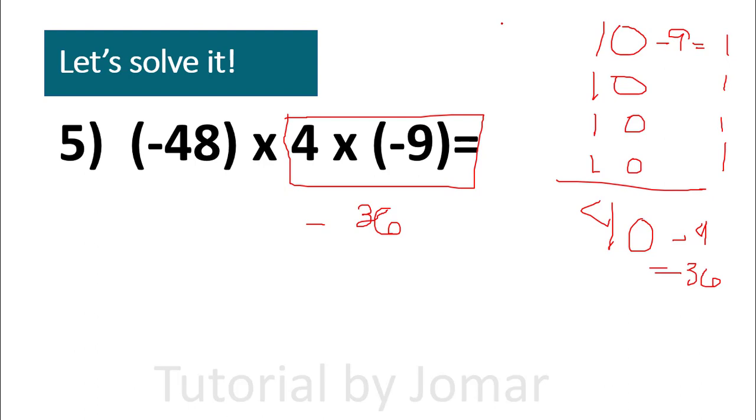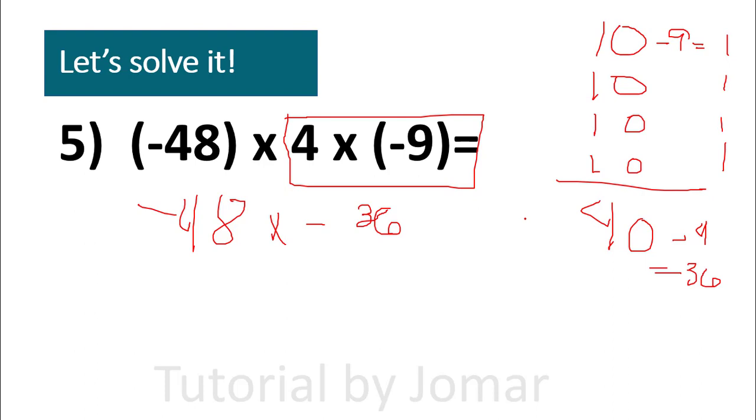Okay, nakuha na natin yung 4 times negative 9. I-multiply na natin ang negative 48 tapos negative 36. Since na same sign lang naman sila, ang magiging answer natin dito is positive. Okay, i-multiply na natin.